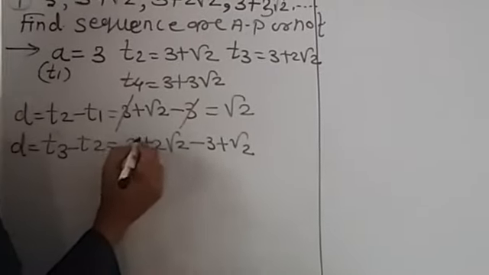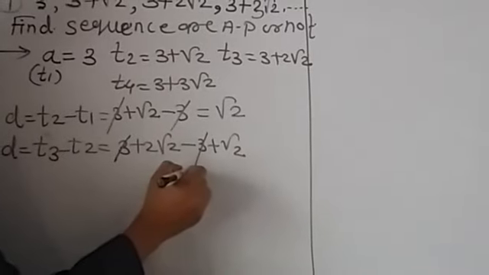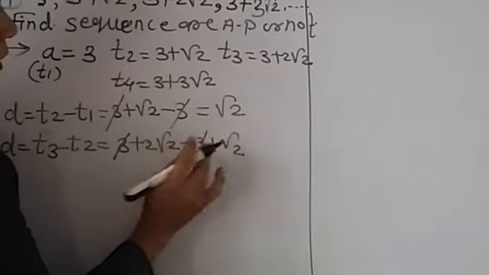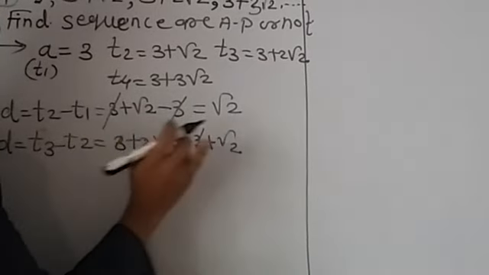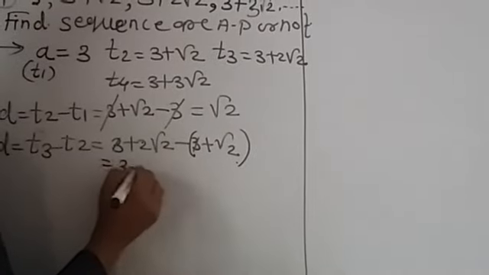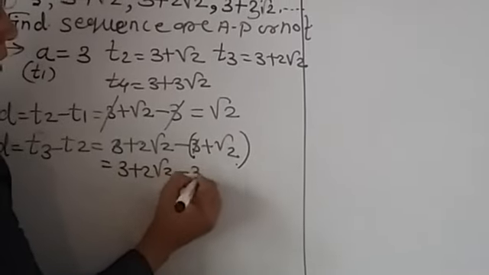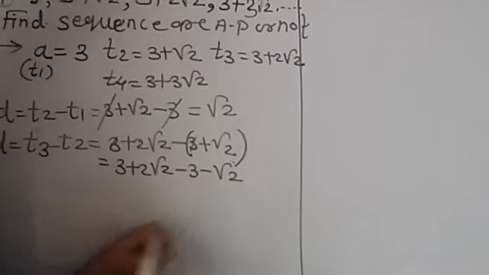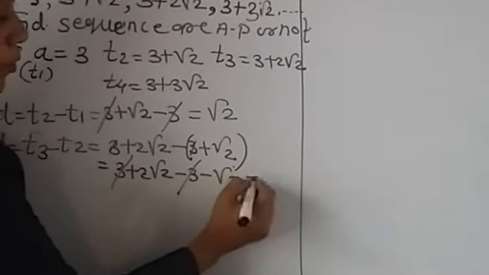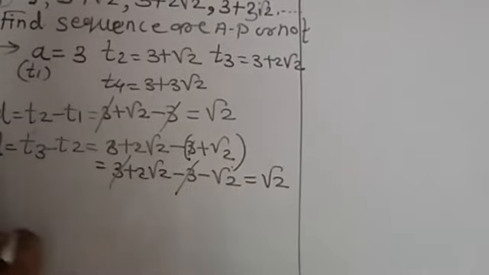Here the sign will be changed, so write it in brackets. So 3 plus 2 root 2 minus 3 minus root 2. So plus 3 minus 3 cancel. 2 root 2 minus root 2 means we get root 2.